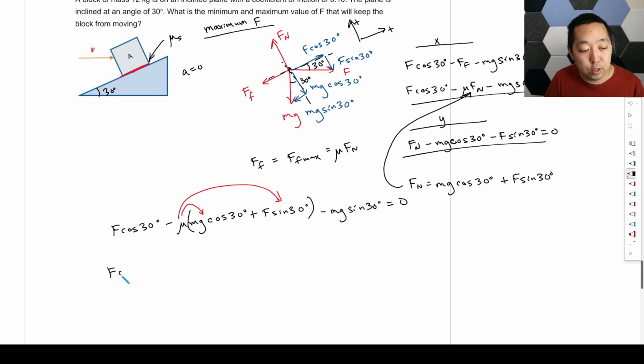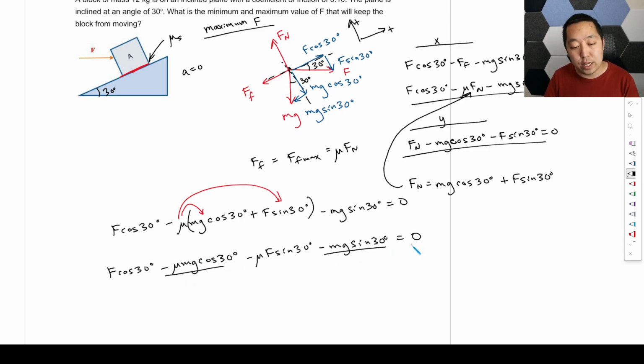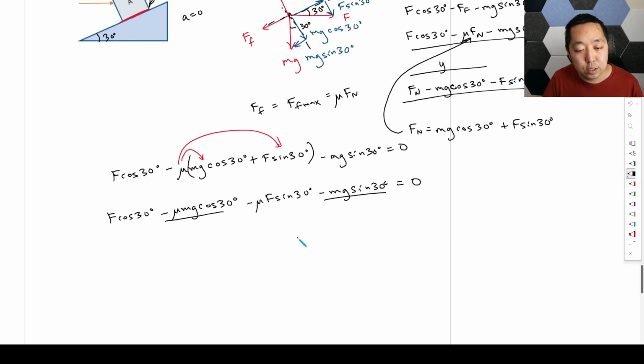So it's going to be F cosine 30 degrees minus mu mg cosine 30 degrees minus mu F sine 30 degrees minus mg sine 30 degrees equals 0. Everything without an F, because we're solving for F, goes to the other side so we can factor out an F. So the right side is going to be the sum of these two, mg sine 30 degrees plus mu mg cosine 30 degrees.